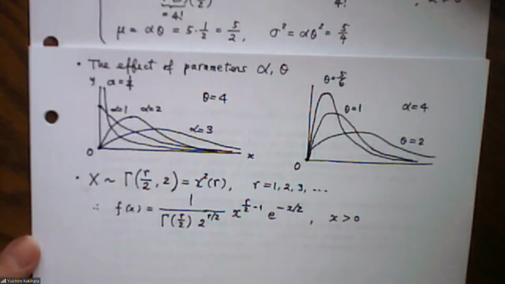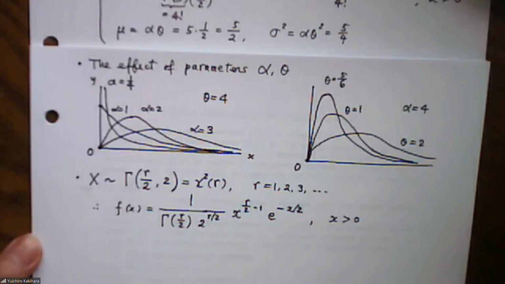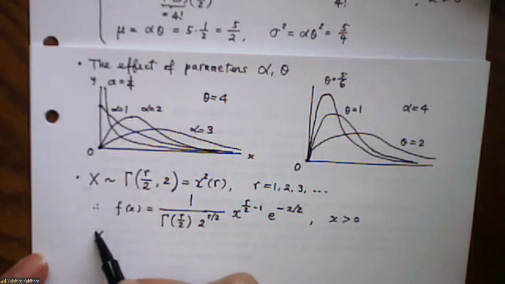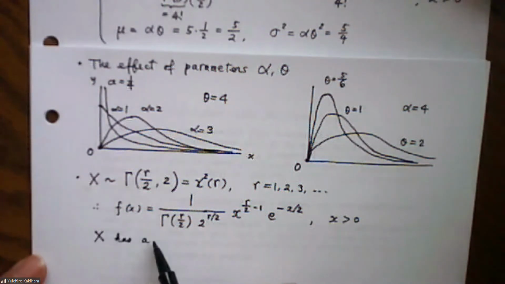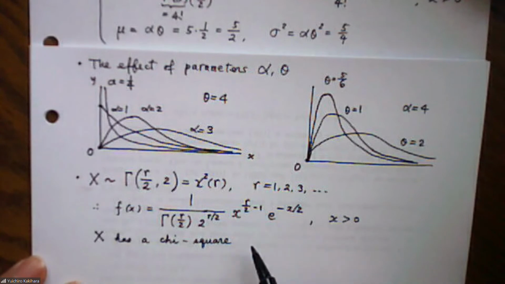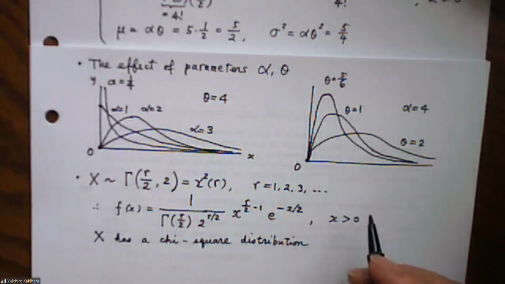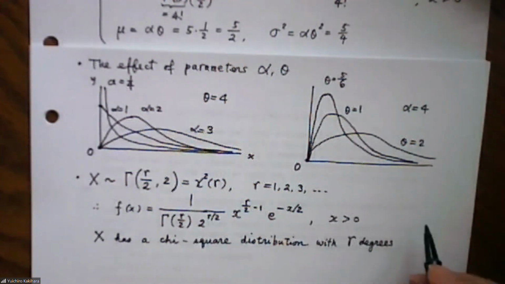And in this case, we say X has a chi-square distribution. Chi is a chi, not chi. This is chi. Chi-square distribution with r degrees of freedom. Degrees of freedom is a name.